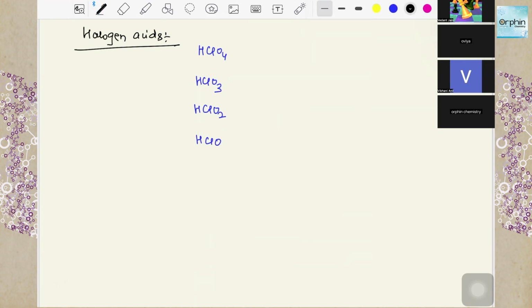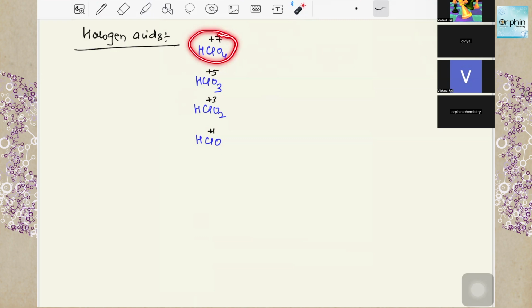And now what is the important thing here? In the case of halogen, if you remember, we have written "except halogen acid". So why except? Let us see that. In the case of halogen, if you find the oxidation state, it will be +7. This is +5. This is +3. This is +1. Right? These are the oxidation states. Halogens have 7 electrons in their valence shell, so +7 is the maximum oxidation state.